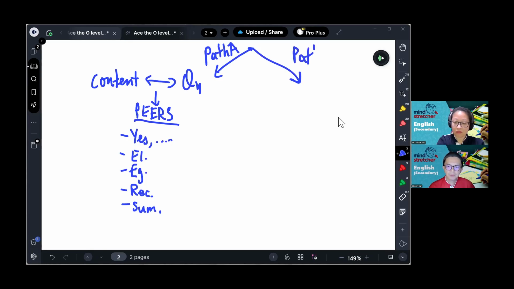Path B is what happens when there is no match. You don't know, but the question pops up and you've never prepared for it before. Like that question which you just gave me, there was no way that I could have studied for it, right? I had no idea which question Mrs. Shum was going to ask.